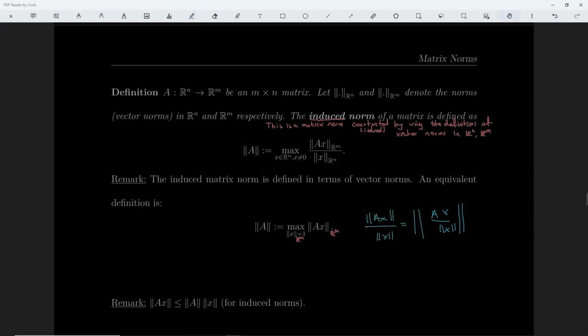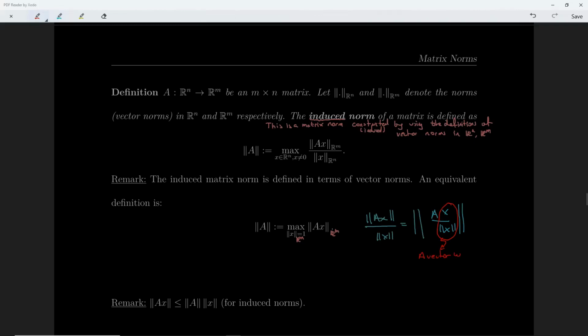If you just look at the second term over here, this is a normalized vector. If you divide the vector by a scalar equal to the norm of that vector, this is a vector with unit norm.